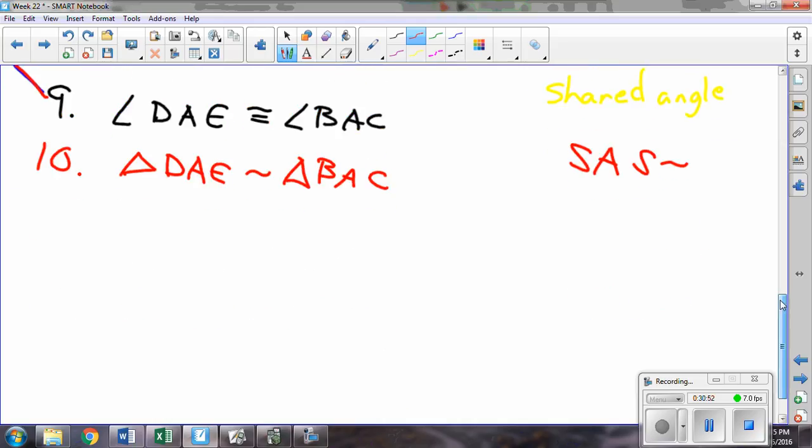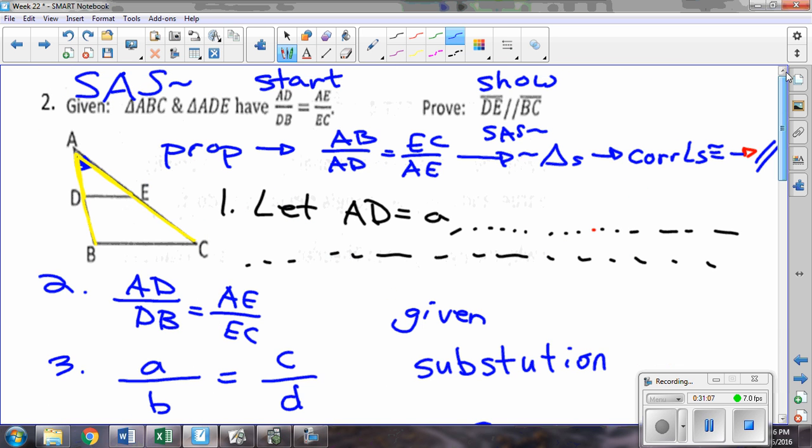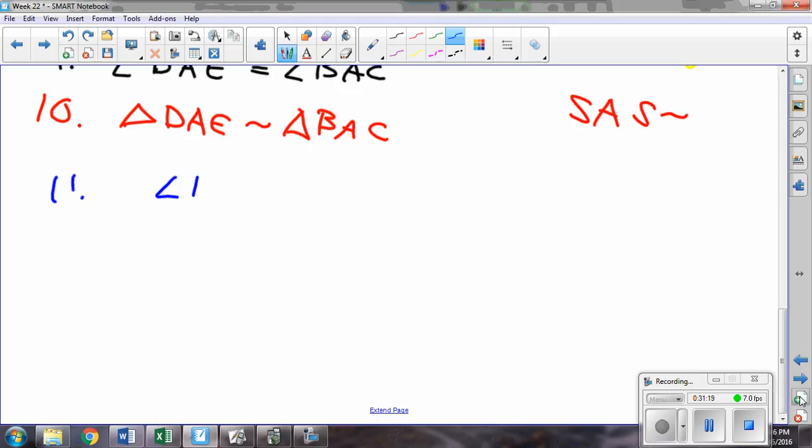And we're almost done now. Because the triangles are similar, we know that matching angles are congruent. Well, going back to what we had in the beginning, our picture gave us angle 1 and angle 2 are corresponding parts of the same triangle. So we have angle 1 is congruent to angle 2. And that stems from the definition of similar triangles.